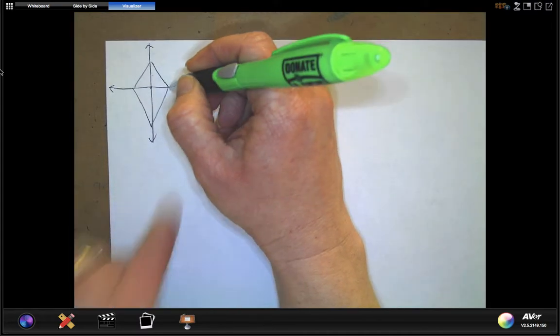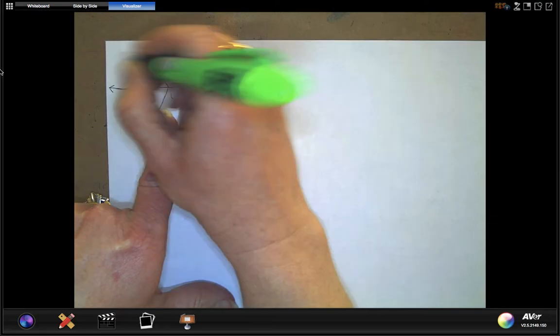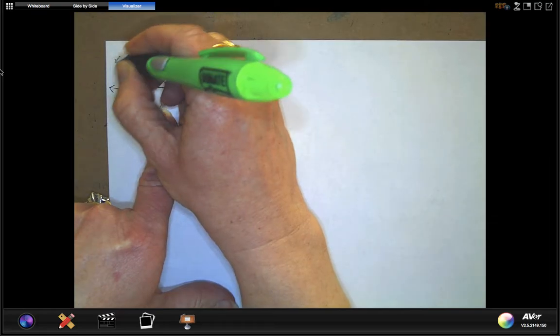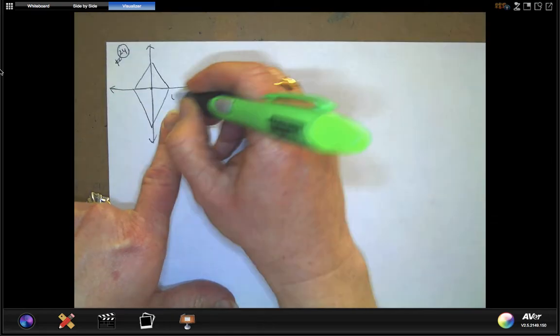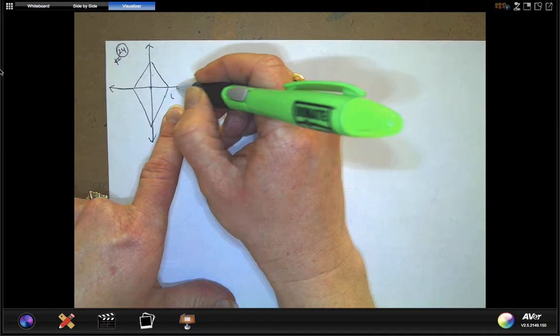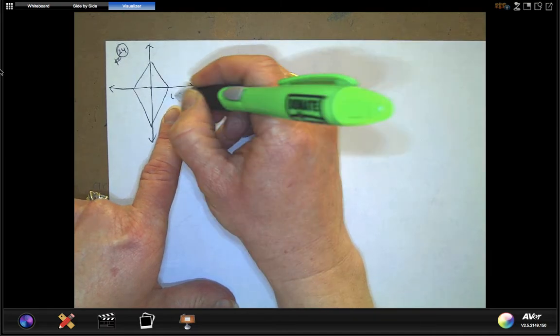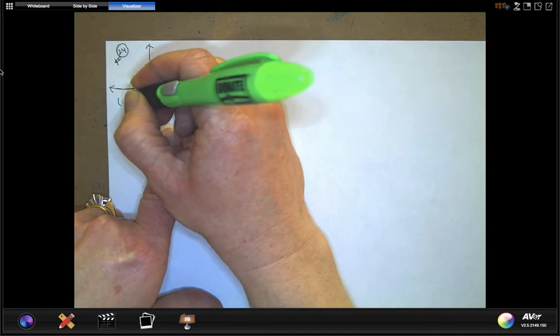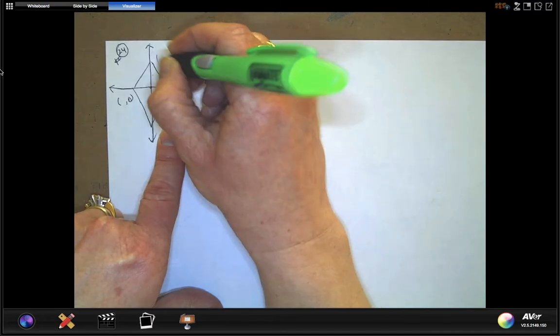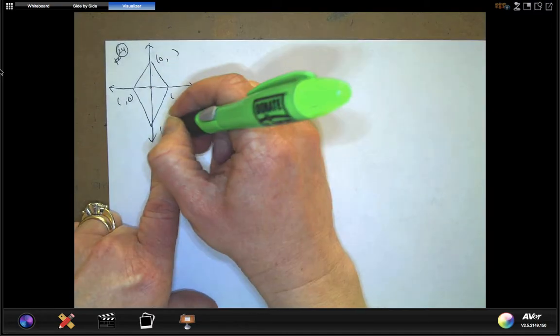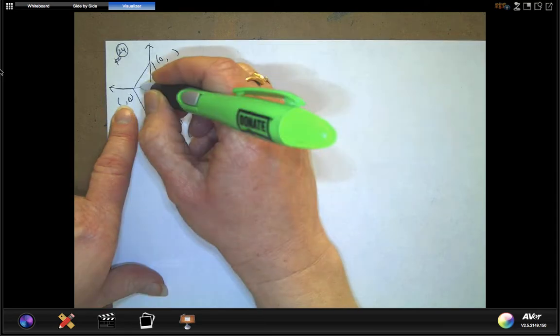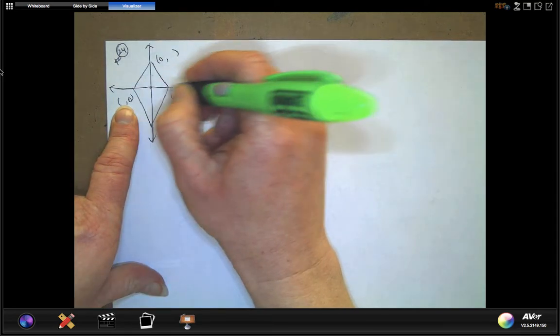It's nice because then over here you can say this is something, 0, and this is something, 0. Up here, this is 0, something, and this is 0, something. In the kite, these two distances are going to be the same.